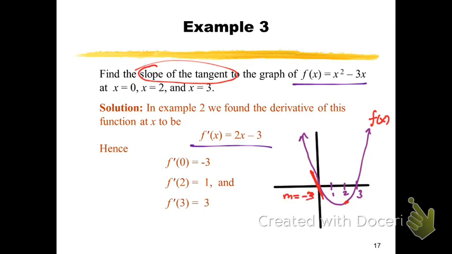At 2, this slope is 1. At 3, the slope is 3. So notice it's negative here, it's positive here, and it's a little more steep here, so it's a larger positive number. So this is the information that the derivative is giving us, the slope of the tangent line.